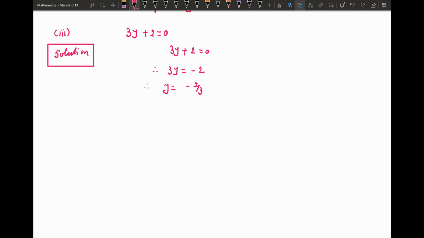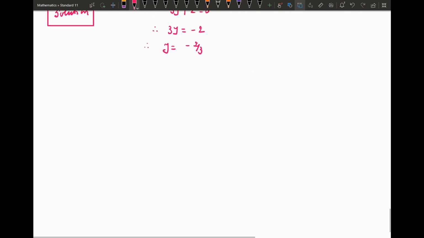You can observe this is a horizontal line because it is of the form y equal to b. For a horizontal line, the line will never intersect the x axis. So we cannot get an x intercept; there is no x intercept, and the y intercept will be minus 2 by 3.